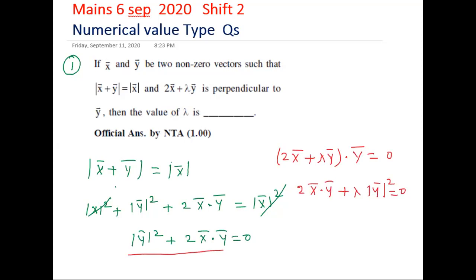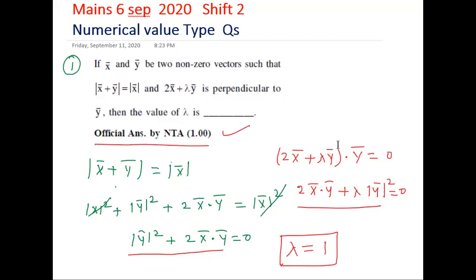Now compare these two. What is the lambda value? Lambda is equal to 1. By comparing both, we are getting the lambda value. So the official answer by NTA is also 1. So this is a very easy question.